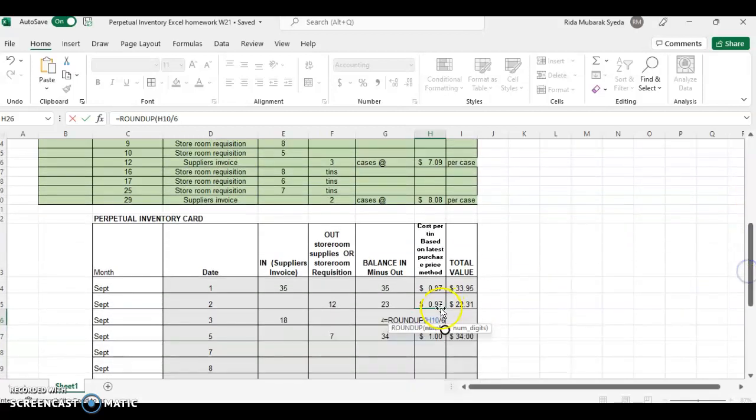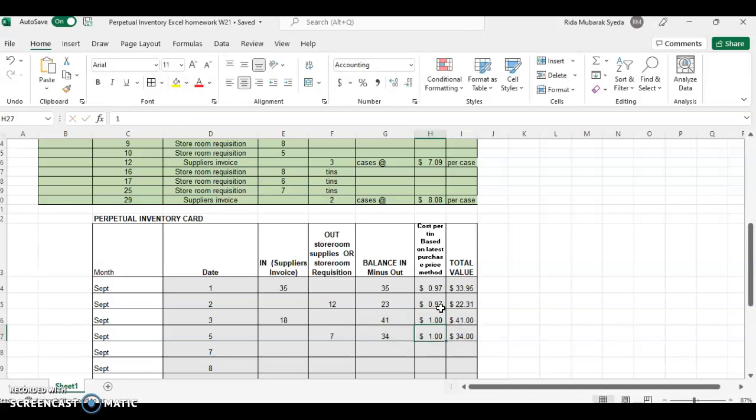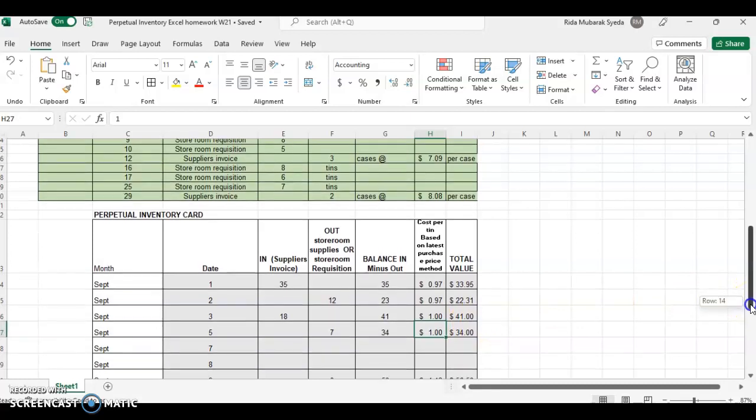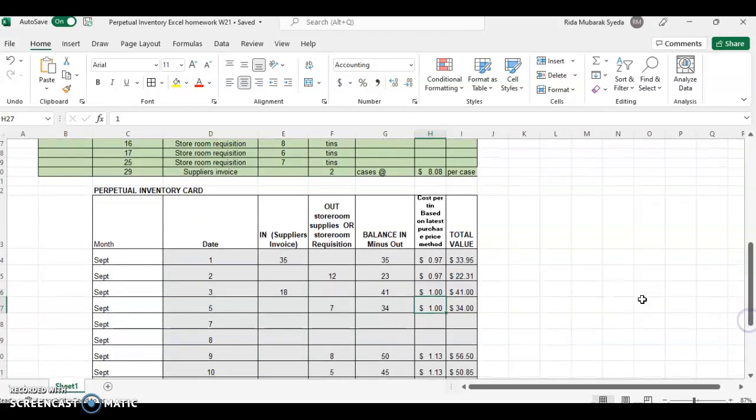And since we want it to round up to 2 decimal places, we put comma 2, close brackets, enter, and we get $1. And when we look over here, we have the value $41. So that's what we were looking for.